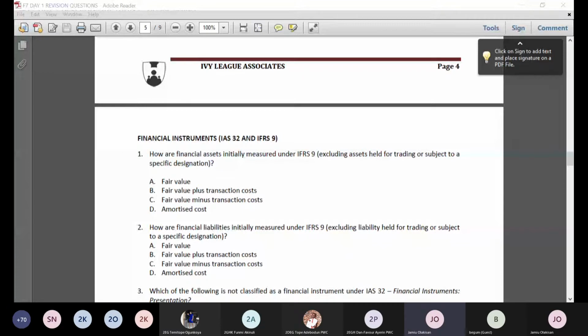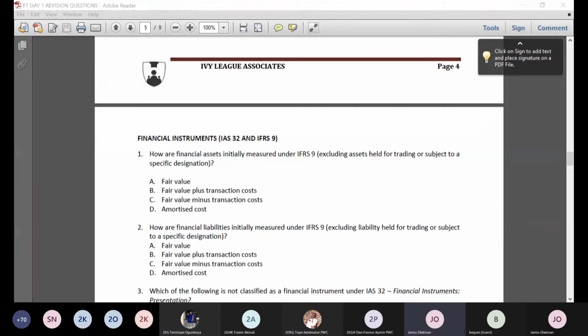They must have started by telling you the recognition criteria. You should recognize a financial asset or financial liability in your books once you become a party to the contractual provision of the instrument, then you should recognize it as an asset in your books.